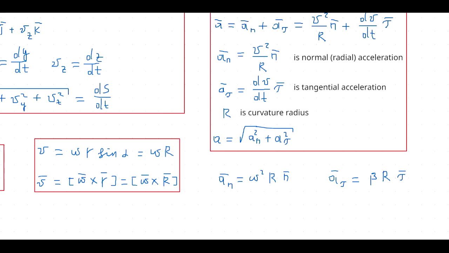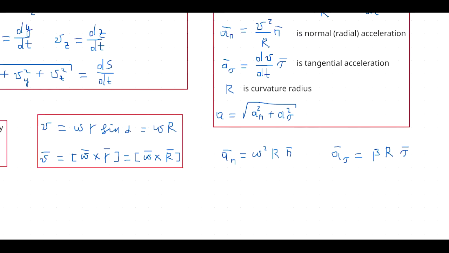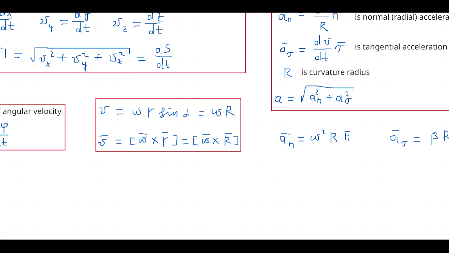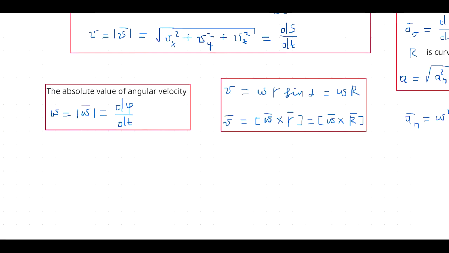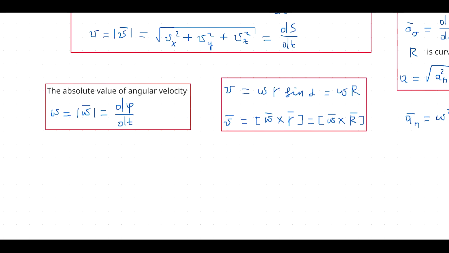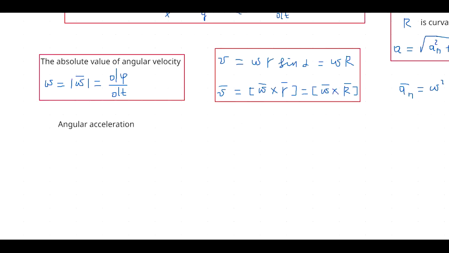And what is beta? Beta is angular acceleration. Beta is angular acceleration, and it can be defined.